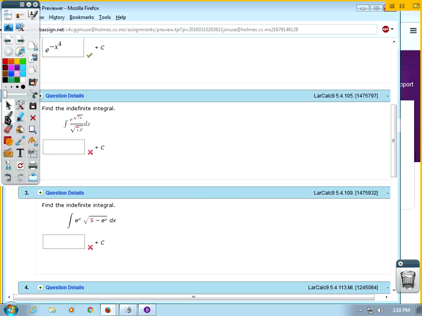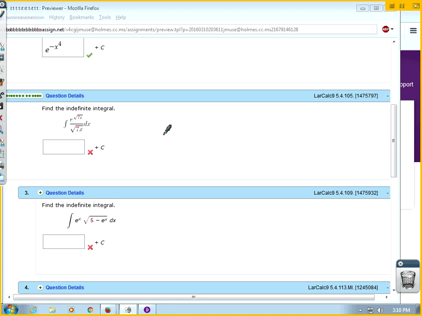Number two, e to the square root of 7x over the square root of 7x dx. So it looks like you're going to let u equal the square root of 7x. Let's go ahead and write that as 7x to the 1/2.